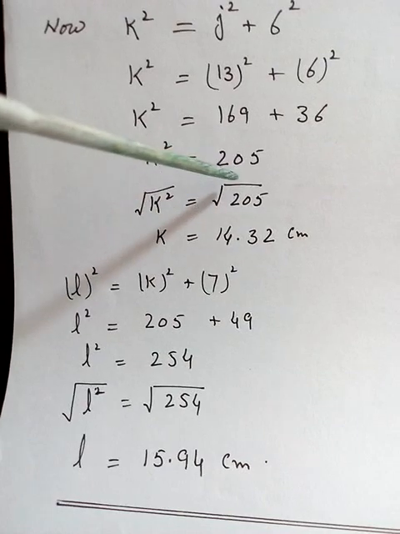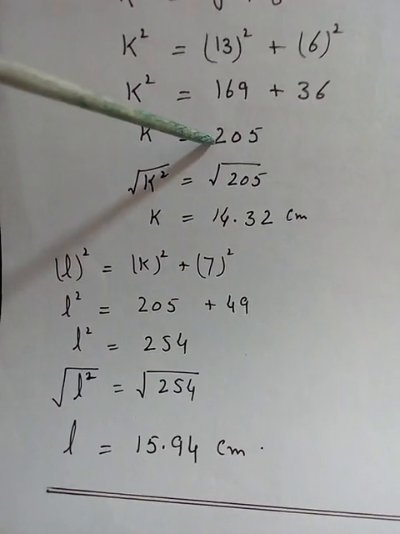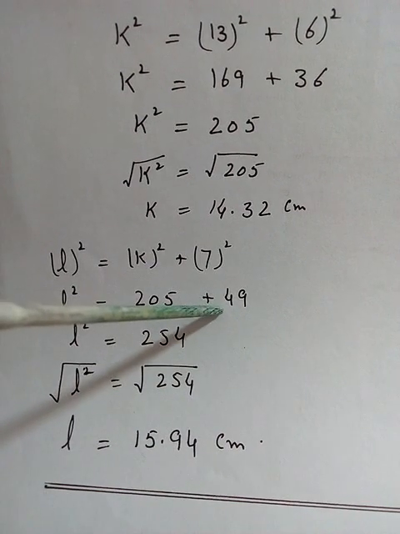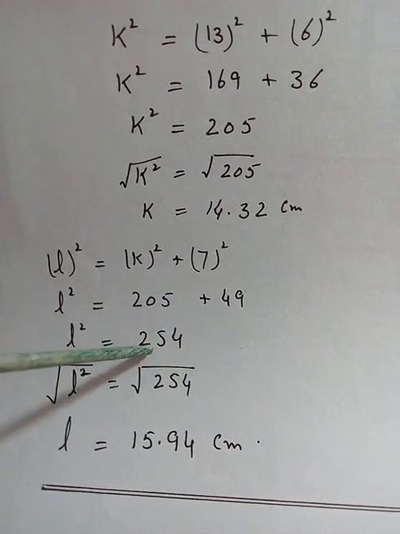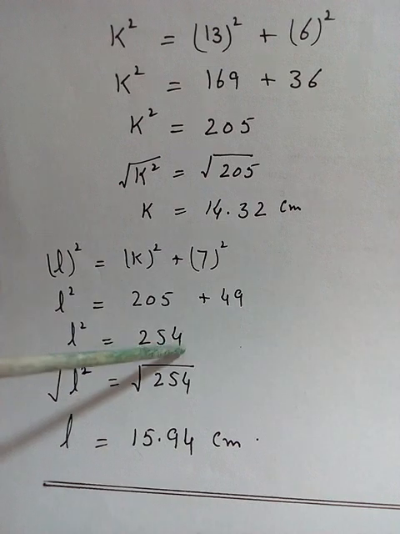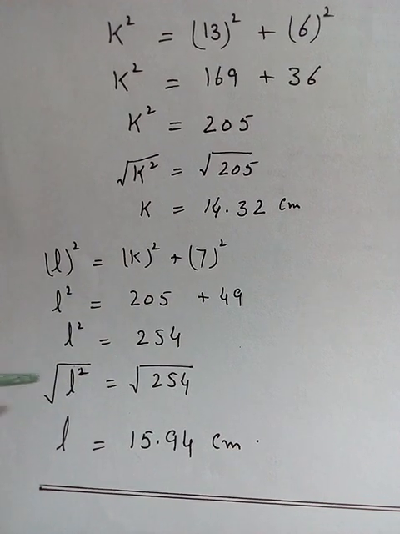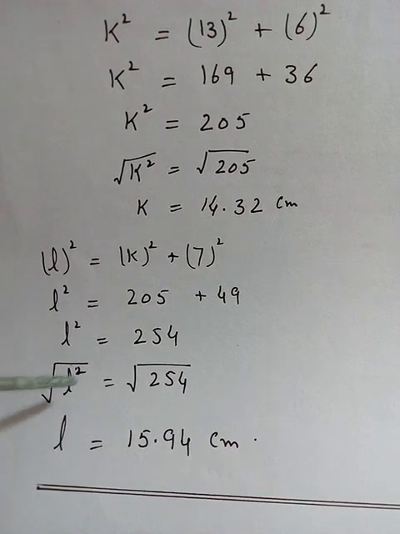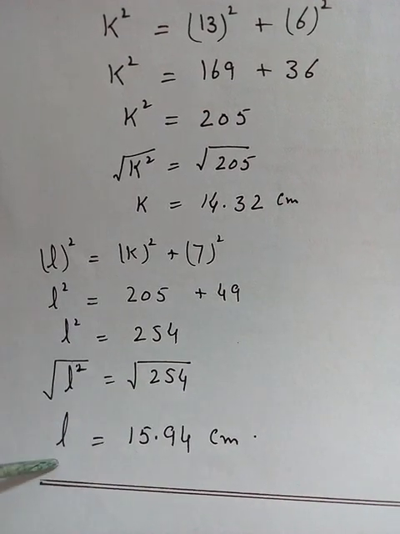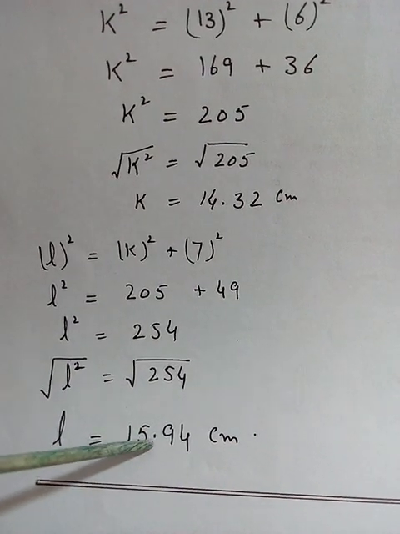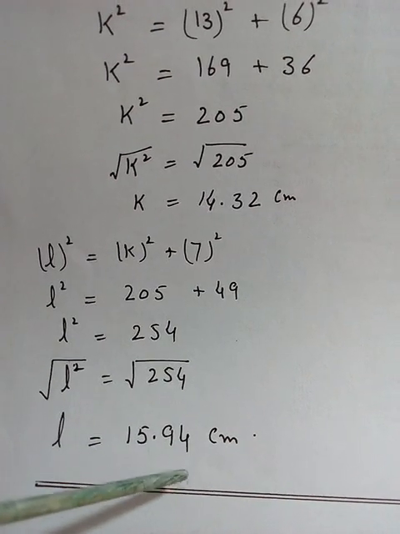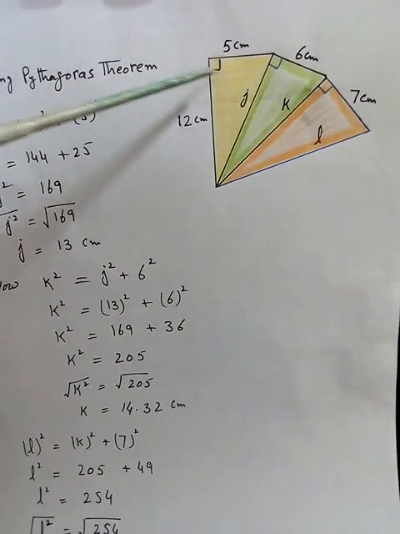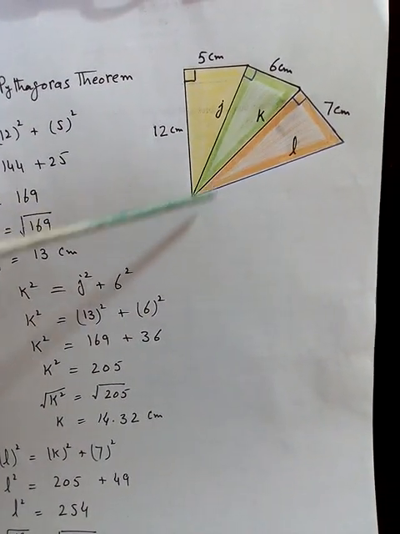Directly we can plug in the value of k square, that is 205, plus the value of 7 square, which is 49, and the sum is 254. Now by taking the square root on both sides, the value of L is 15.94 centimeter. So in this way we can find all the unknown values from the given diagram.